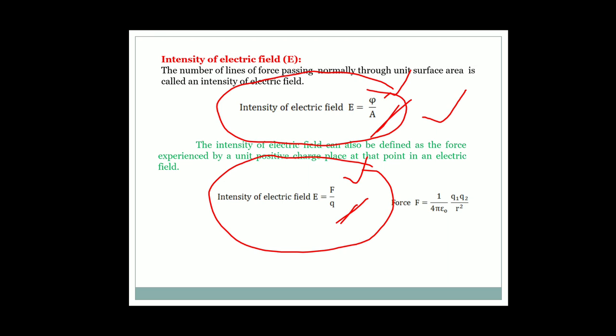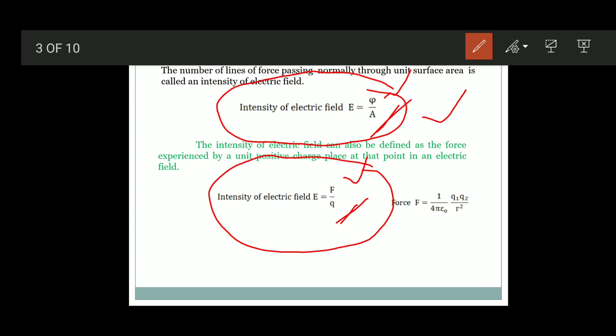One more formula we can write for the intensity of electric field is by using Coulomb's inverse square law. We know from school education what Coulomb's inverse square law is. The force of attraction or repulsion between two charges is directly proportional to the product of the two charges and inversely proportional to the square of the distance between them.